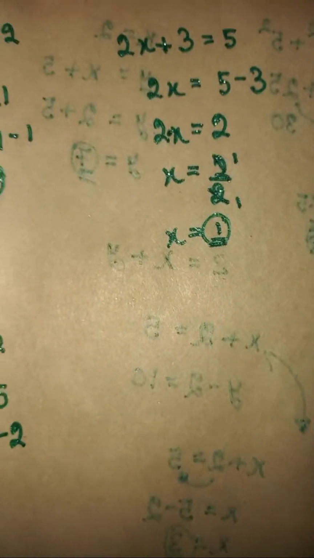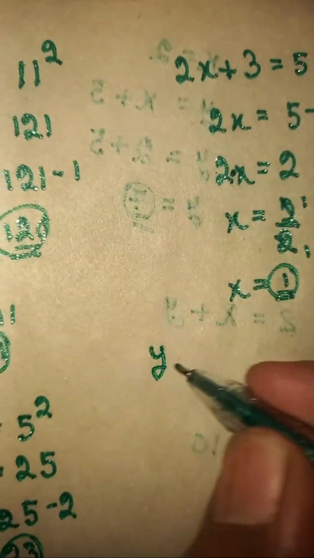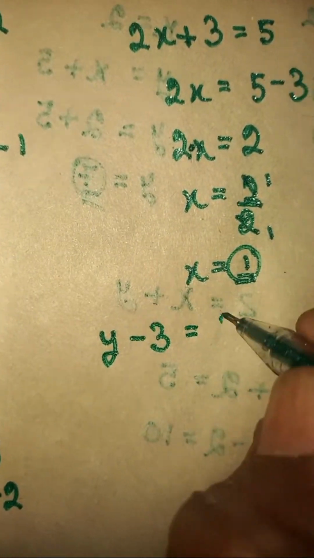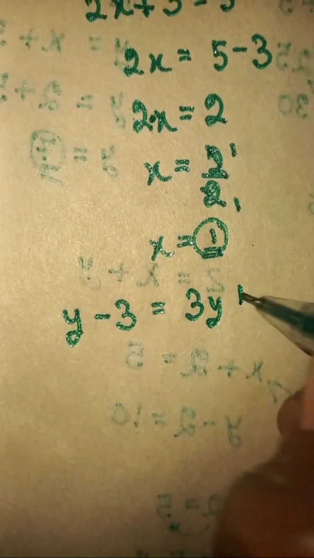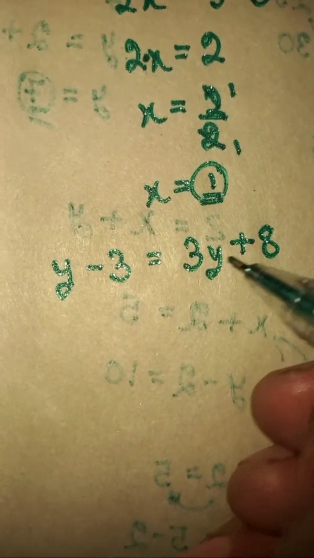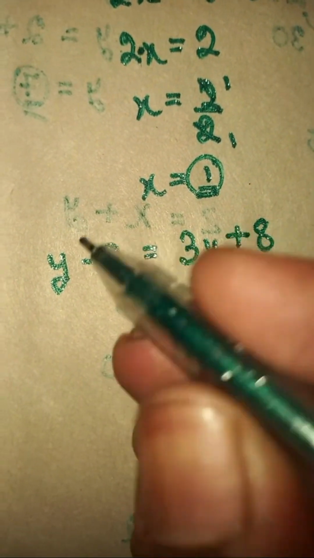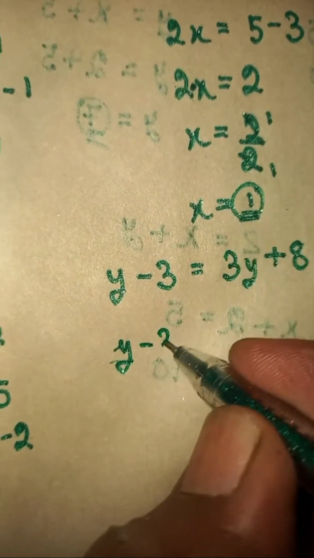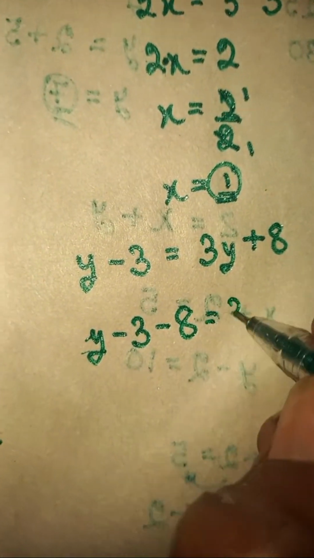Let's find out the y value, that is y minus 3 equal to 3y plus 8. Now you need to send this plus 8 to the left side, it becomes minus 8. y minus 3 minus 8 equal to 3y.